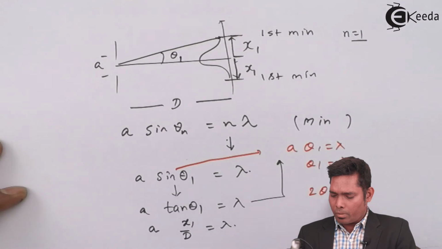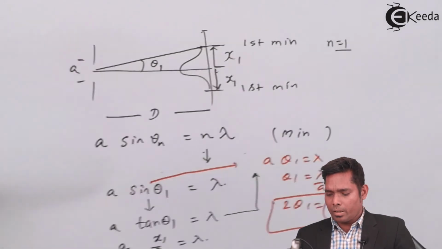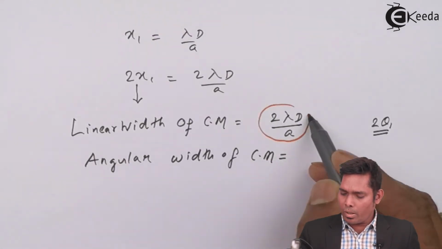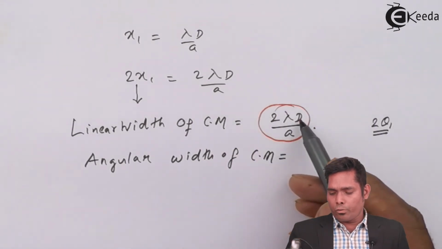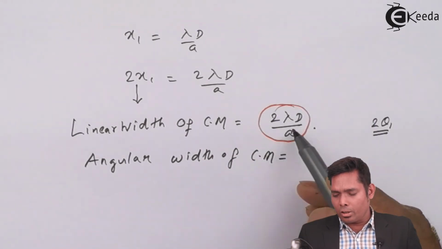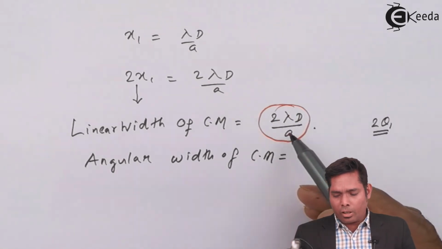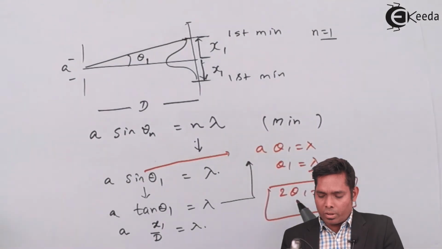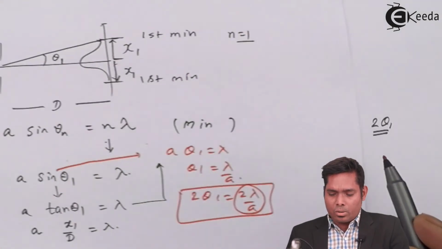So 2 theta 1 will be 2 lambda over A. This is the angular width of central maxima, 2 lambda over A. This is the linear width, 2 lambda over A into D. So the basic difference is D. If in the linear width you remove this D, 2 lambda over A is the angular width of the central maxima.